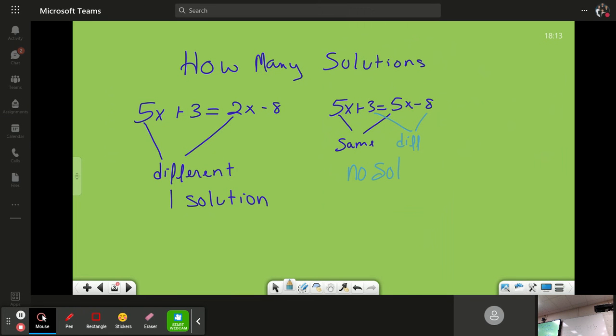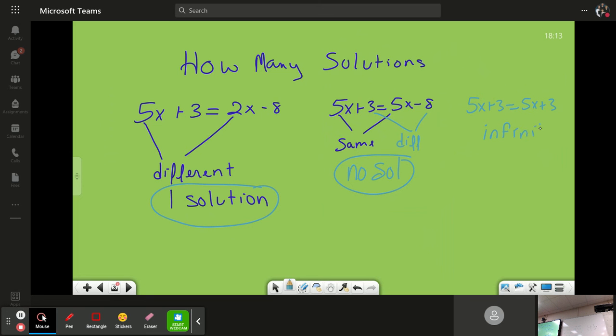Okay? So most times you're going to have one solution, just one number. Sometimes you'll get a no solution. But sometimes everybody's the same. 5x plus 3 equals 5x plus 3. Everybody's the same.